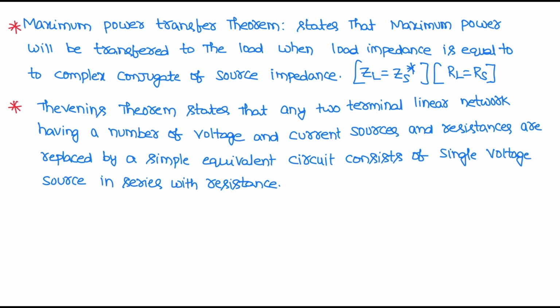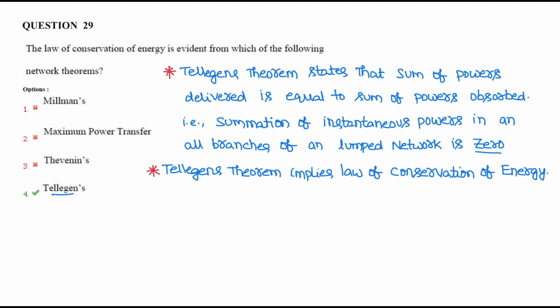That is, the voltage source value is VTH and the resistance is RTH, Thevenin's resistance. While calculating Thevenin's resistance, independent voltage sources are short circuited and independent current sources are open circuited. So for this question, the correct answer is Tellegen's theorem, which satisfies the law of conservation of energy.